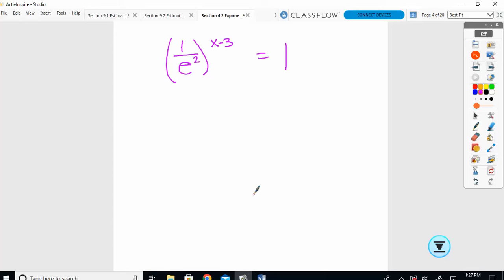We don't want to do 1 because we have to change it. E would work, 1 over E would work, any of those are fine. So 1 over E squared, you would change that to E to the negative second if I want to bring it up. Okay, 1. If I'm trying to change that to a base of E, you can change 1 to any base you want. E to what power equals 1? 0.